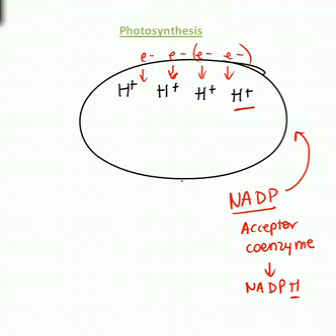The reason that it's a H is because it's now carrying a hydrogen ion, hence the H, plus 2 electrons. Now NADP behaves similarly to ADP in that it is an acceptor molecule. It has potential, but it doesn't have a purpose until it actually picks up the molecules that it's waiting for. So NADP is waiting for a hydrogen ion and 2 electrons.